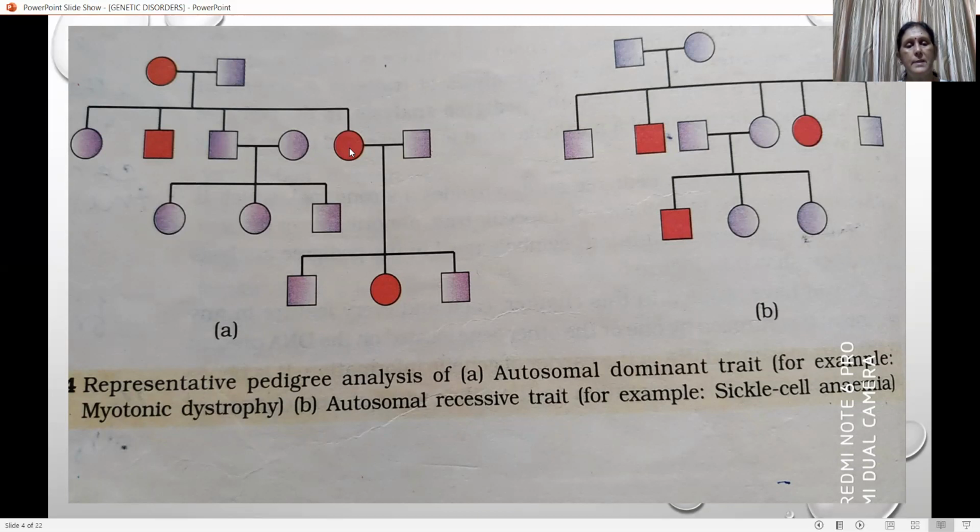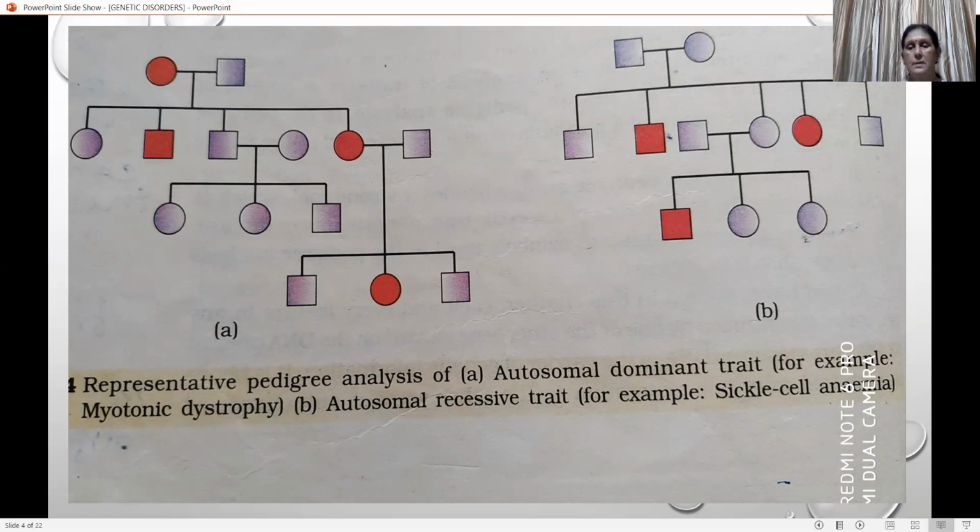But when an affected female marries a normal male, in the next generation two sons are normal, but the daughter is abnormal. This is found in a particular genetic disease called myotonic dystrophy. Here the disease gene is a dominant trait, or dominant form.